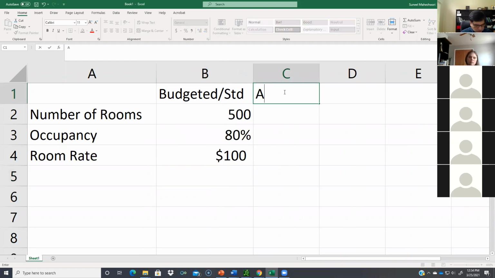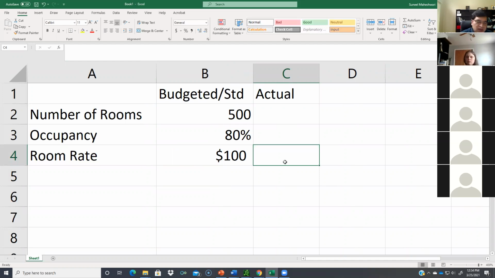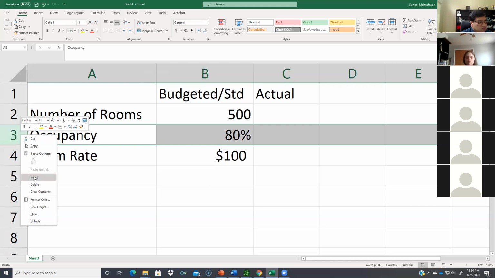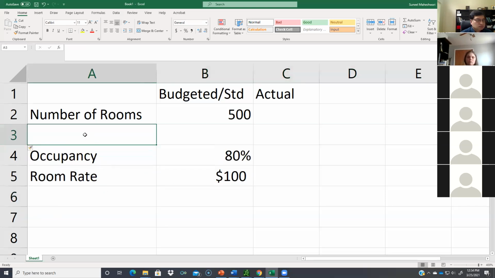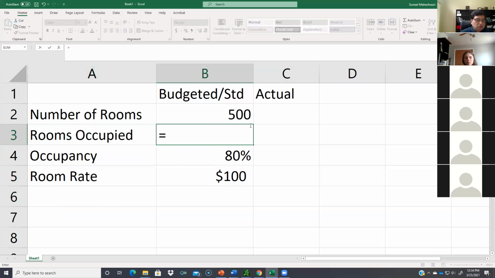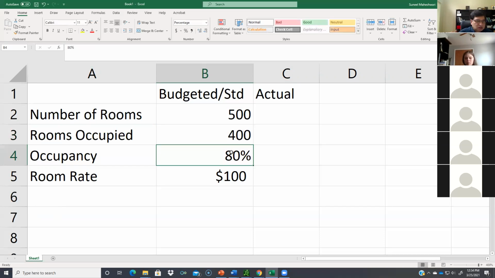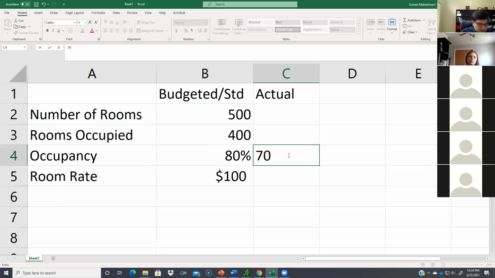When the actual situation takes place, it will be different, right? So basically, the number of rooms occupied on a daily basis, we are expecting for the month of, say, whatever month is, 400 rooms. Now, actually, the occupancy percentage is, say, 70% only.